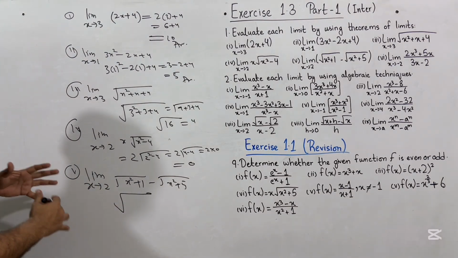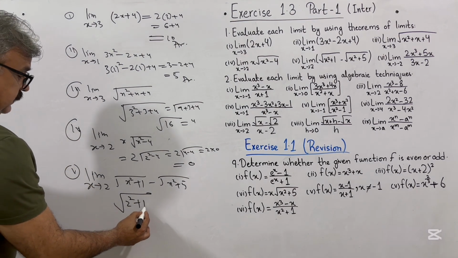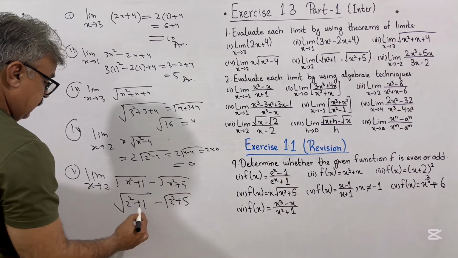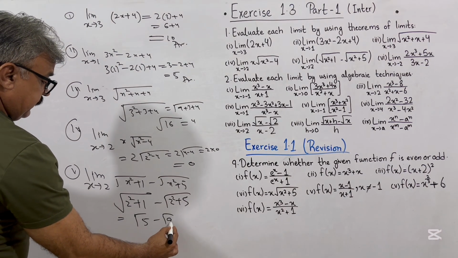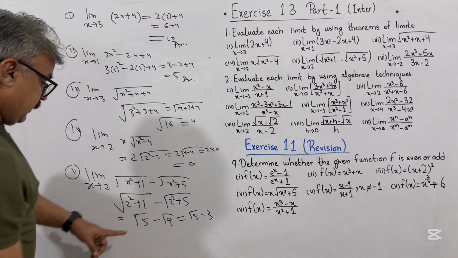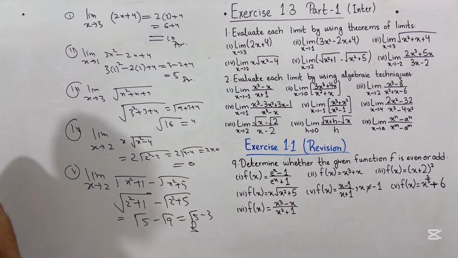We are practicing just the function value at x equal to 2: root of 2 square plus 1 minus root of 2 square plus 5 becomes root 5 minus root 9, and that is equal to root 5 minus 3, since the square root of 9 is 3. That's our answer. Pass me the duster if you don't mind.